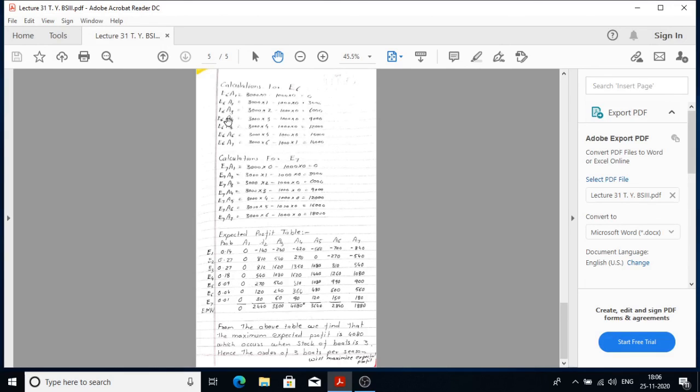And whatever calculations we have done above, we will post all the values in the given table, and then we will find expected monetary value. How to calculate expected monetary value? Multiply the respective payoff with the probability. So 0.14 into 0.